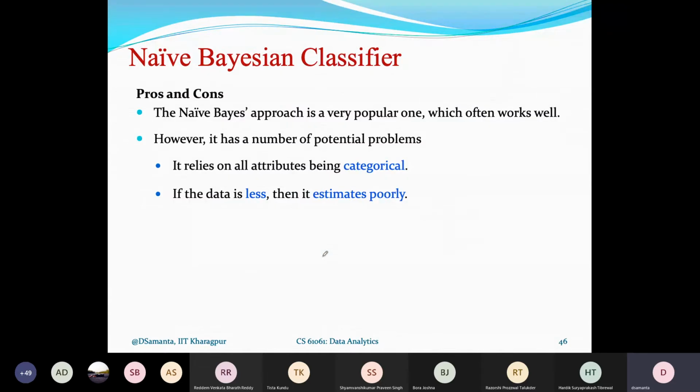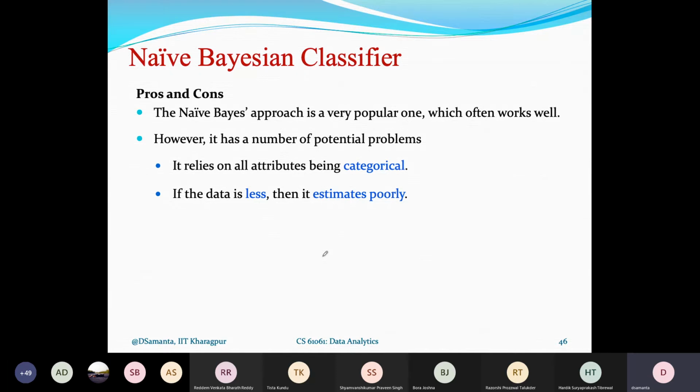Now, the good point is that the Bayesian classifier works very well. It usually gives very accurate results, but there are two very serious limitations. One limitation is that all the attributes are defined with categorical values.